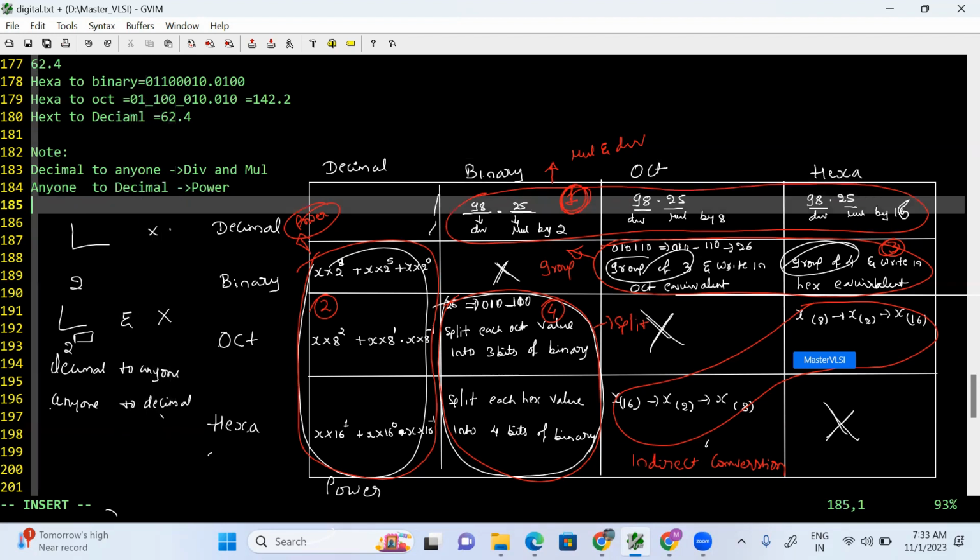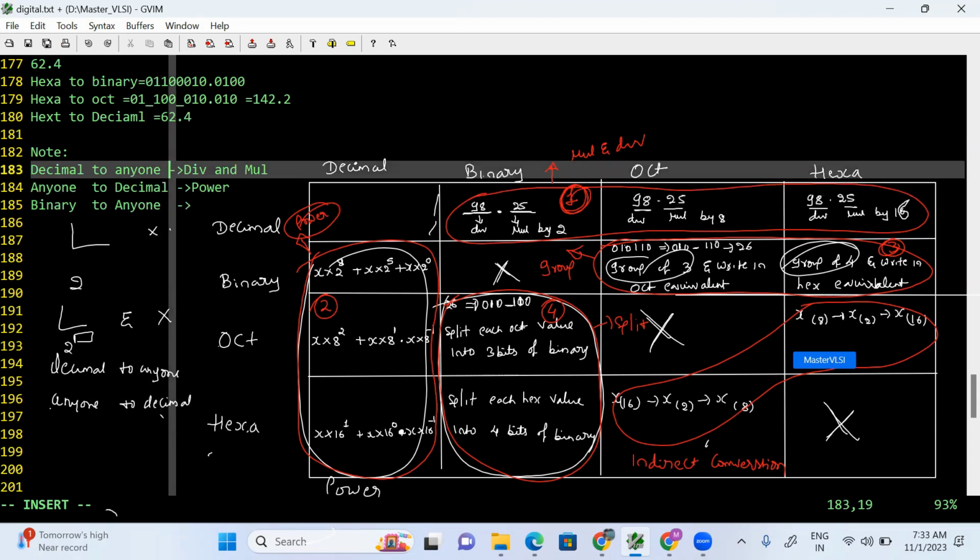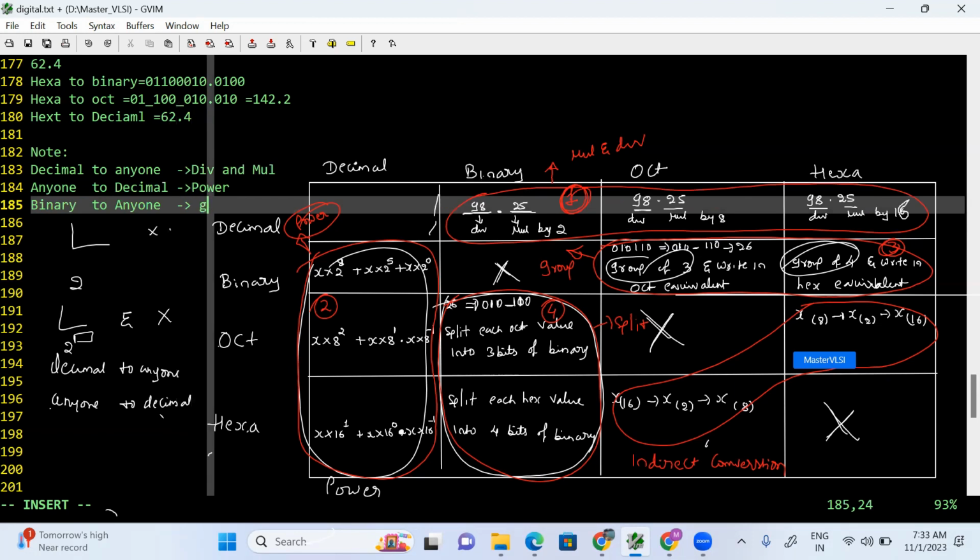Okay, next, binary to any one. What shall I write here? Group of 3 or 4, correct? 3 for octal, no? And 4 for hexa.